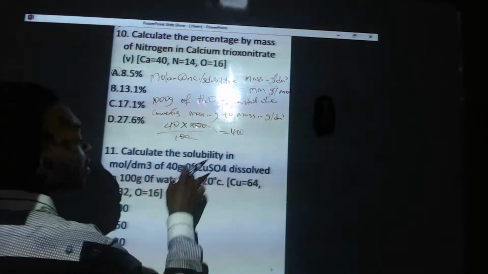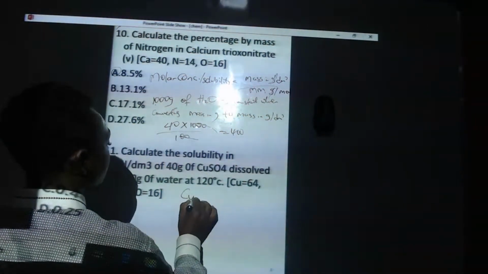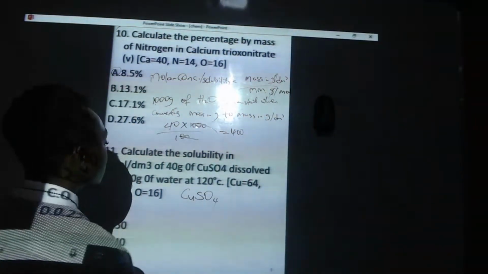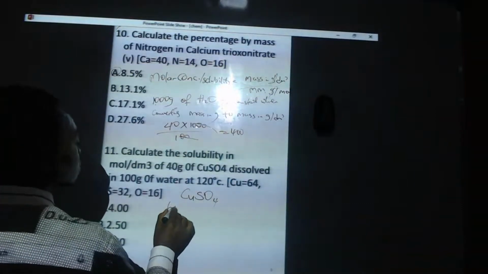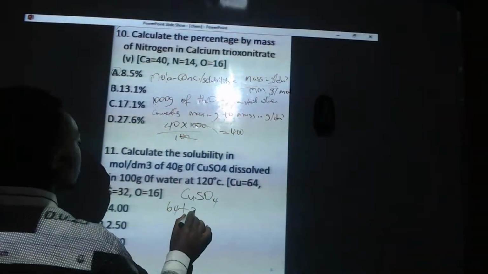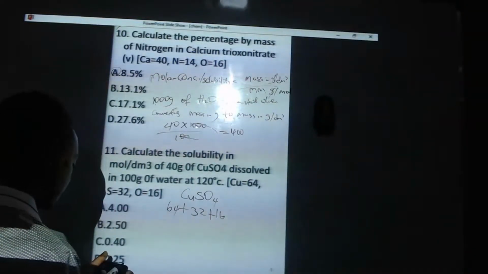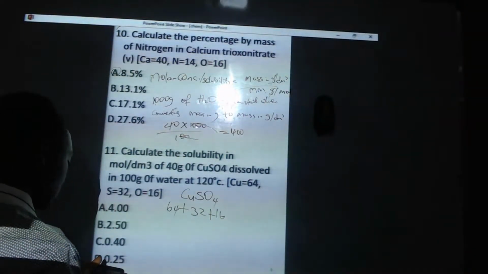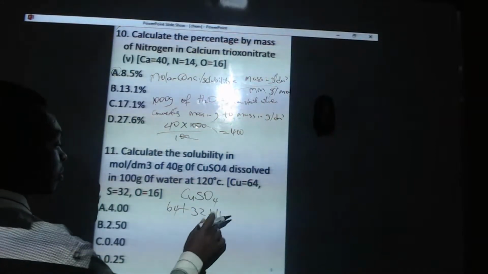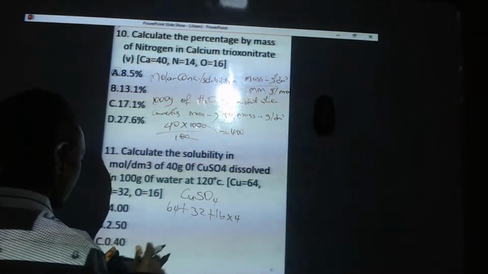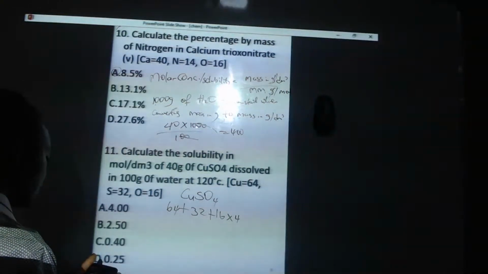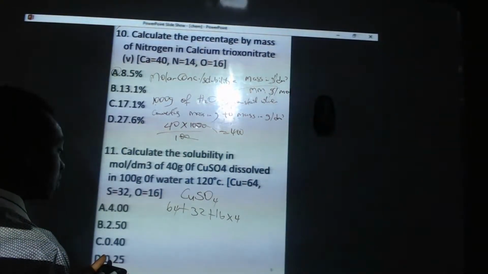Now we need to find the molar mass of CuSO4. Remember, we're given 64 for copper, so it's 64 plus sulfur, which is 32, plus 16 times 4. The 16 times 4 gives you 64.